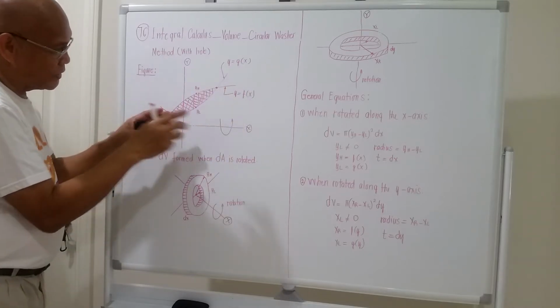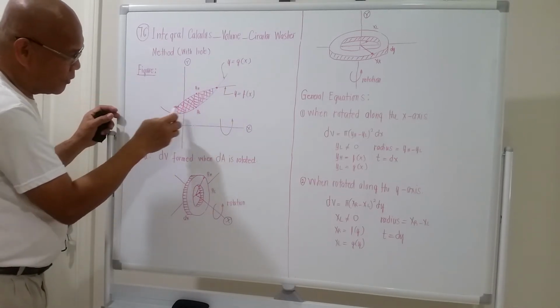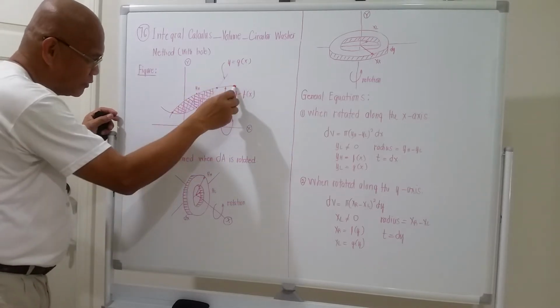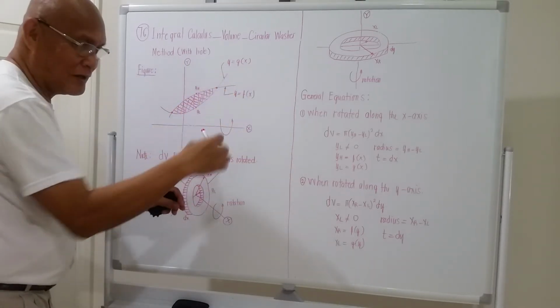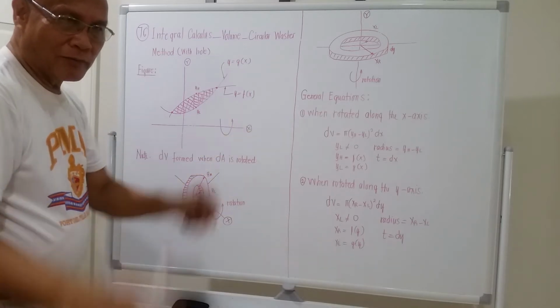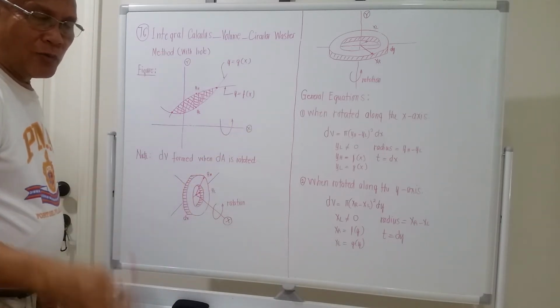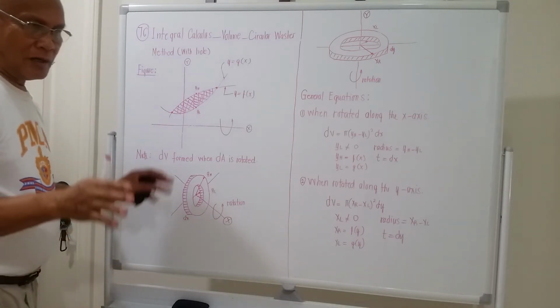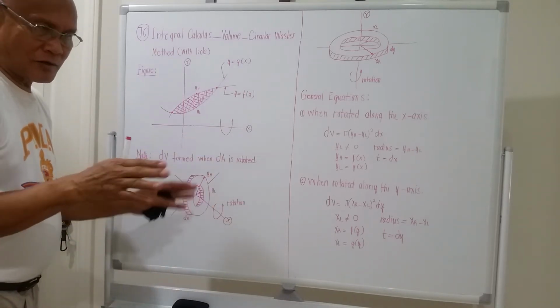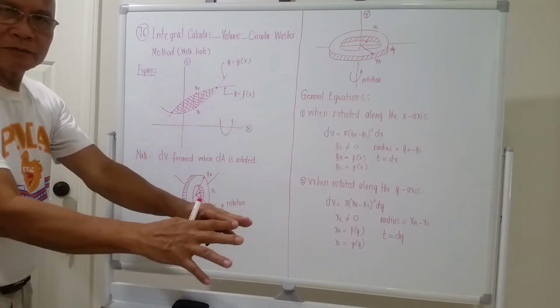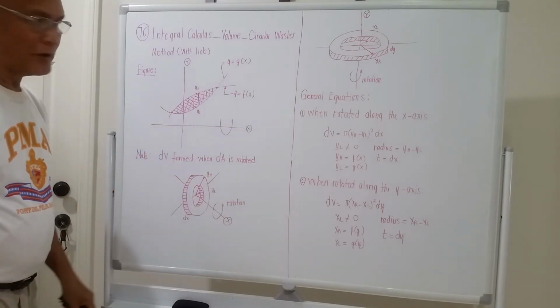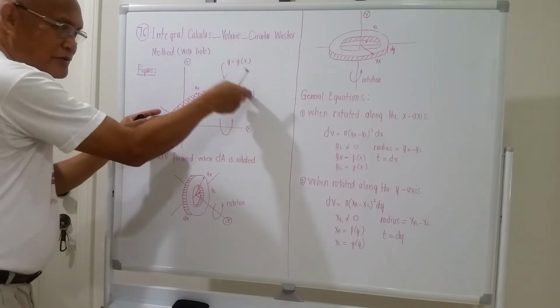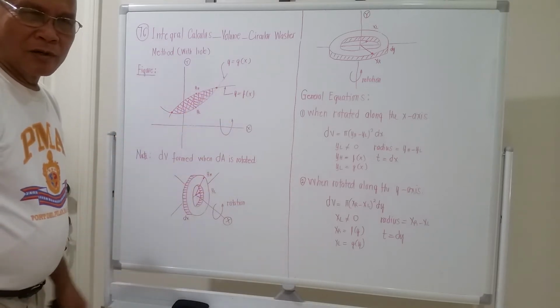So if we rotate the area bounded by the first curve and the second curve with respect to the x-axis, the question is, what will be the volume? The only way we could solve that is by using integral calculus. The topics under solid mensuration, you cannot do it, no matter what, because these are curves. It's not straight lines.